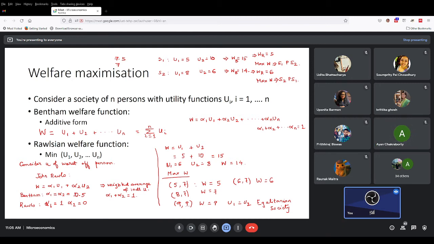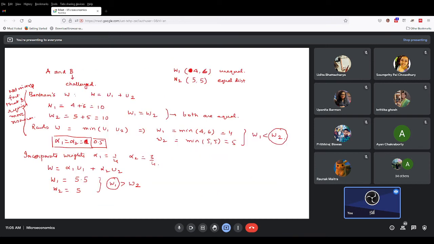Okay, so you're arguing that we should try to aim for egalitarianism. This should lead us to prefer the Rawlsian type of utility function.